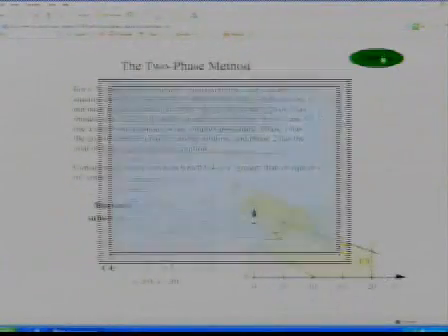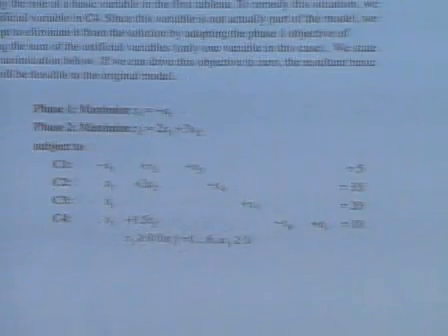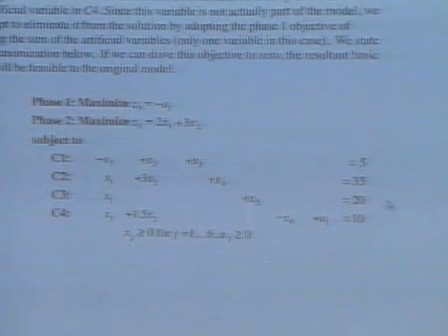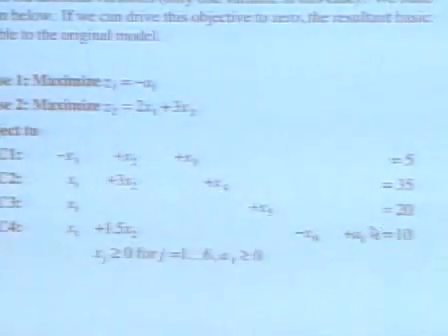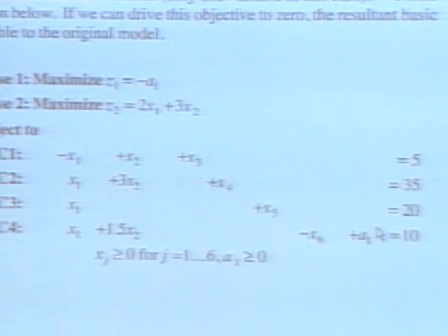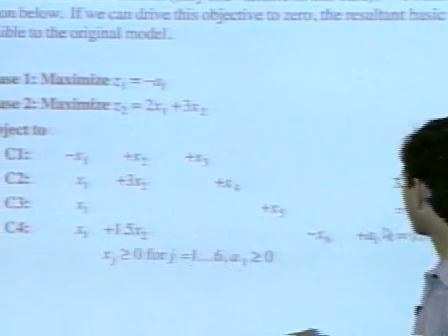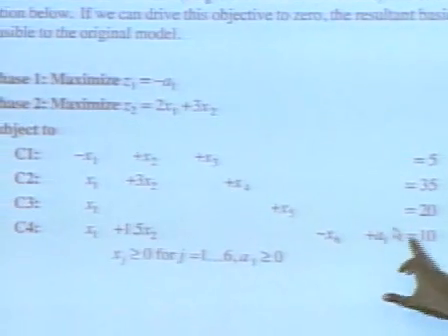Okay, good. So first we convert it to equations. Remember that the last constraint actually read the following: x1 plus 1.5 x2 was at least 10.